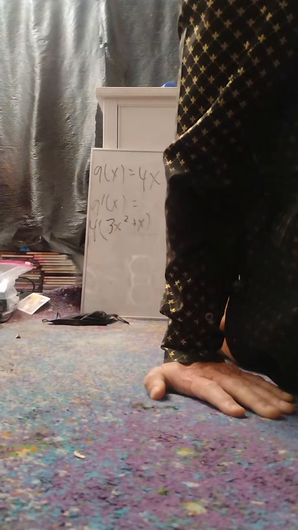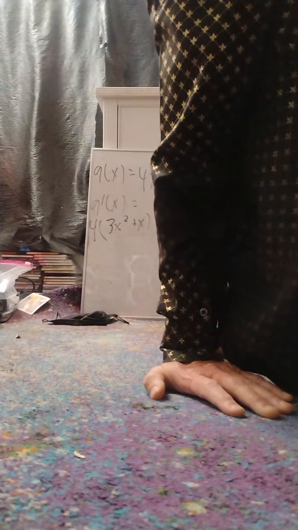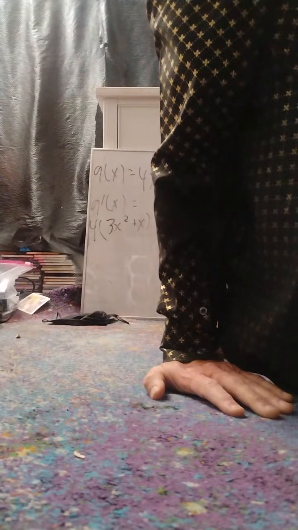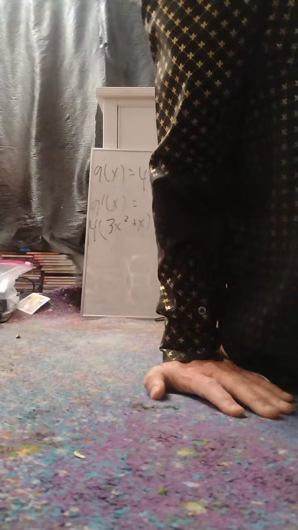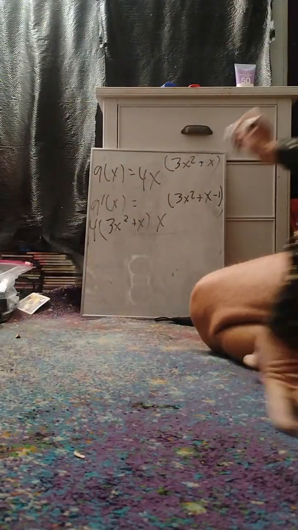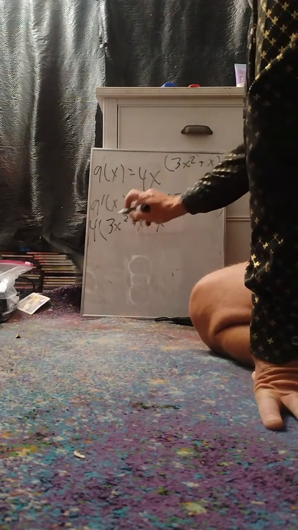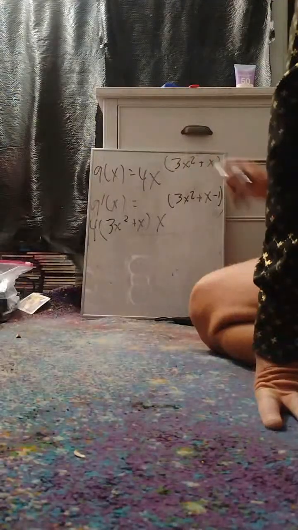And then times x to the 3x squared plus x minus 1. Because for the derivative, you subtract 1 from the exponent. And this is 4, times the derivative of this.